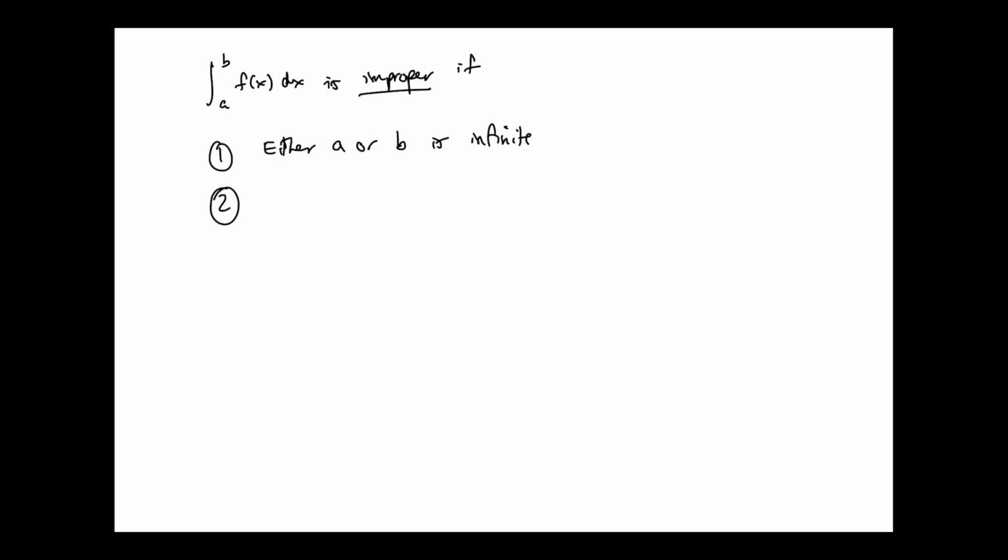What's another way that one can be improper? Jack's already got one good answer for us, so what's another one?